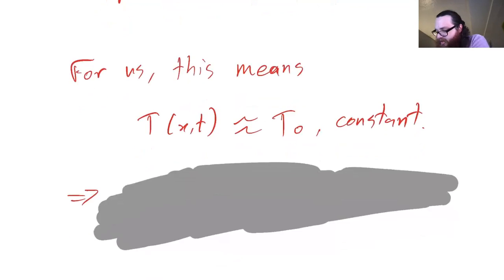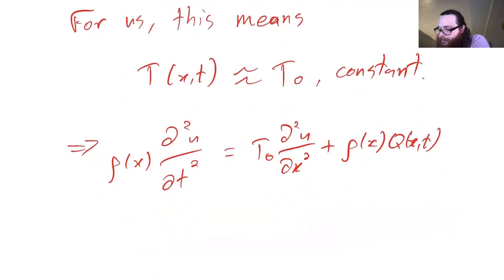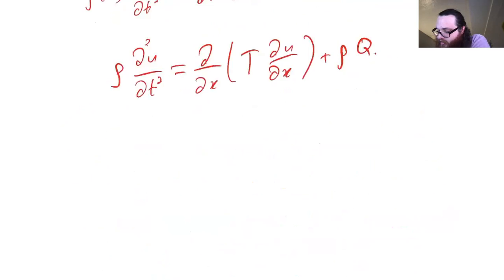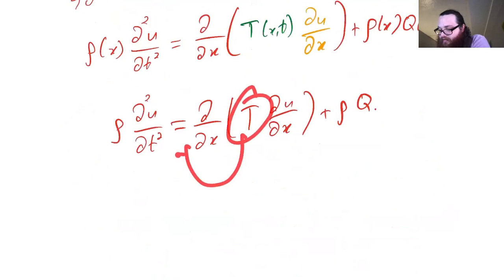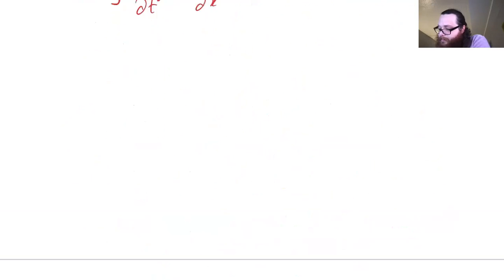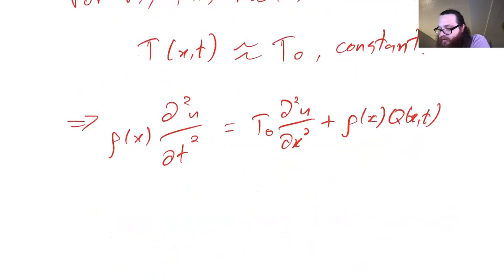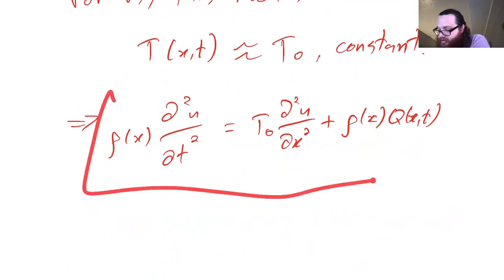Okay, so what does that get us? Well, it lets us pull this tension or this T0 term, if I scroll back up here, out of the derivative because it's constant, right? And so then we're left with this expression.